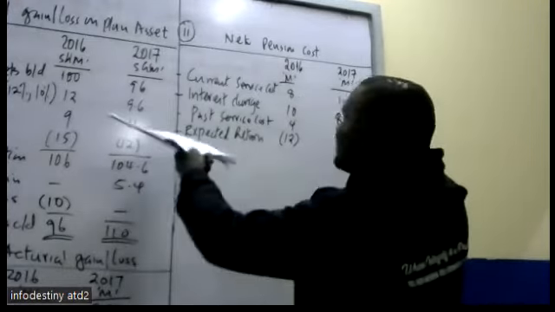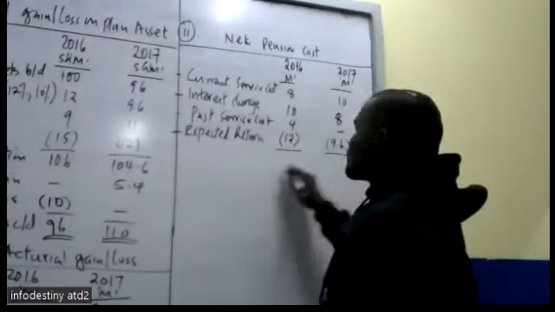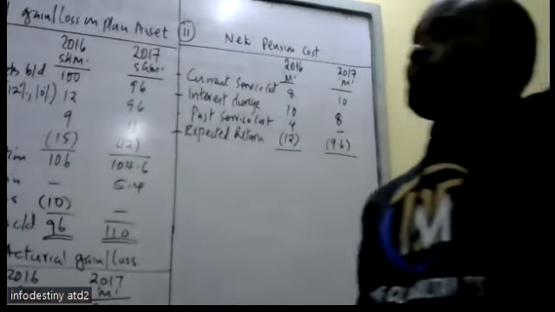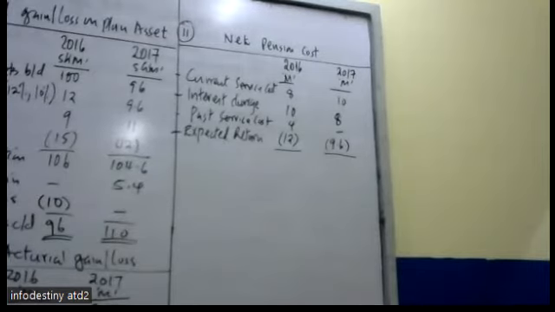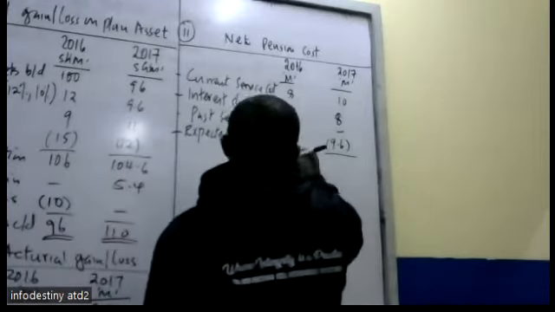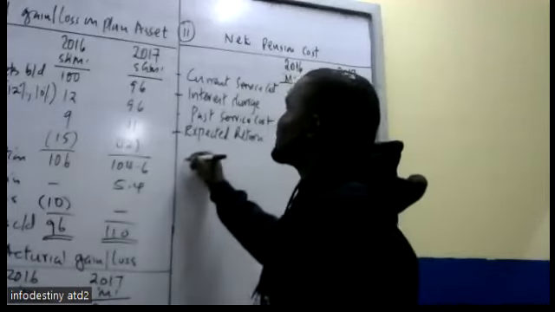So again, utilize how much? 9.6. So how much is the cost? 10, 8.4.